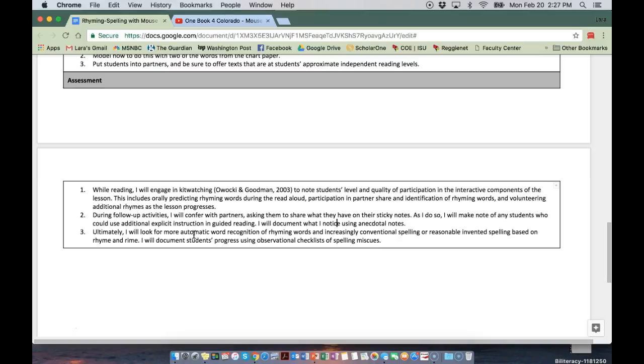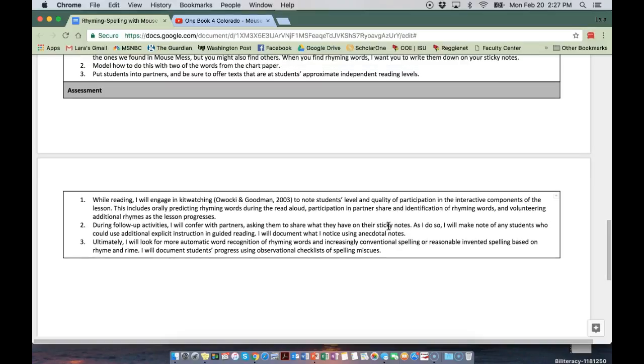And I'll document students' progress using observational checklists of spelling miscues, so I can be analyzing their writing for any patterns with which they are either spelling unconventionally or applying some of these rhymes. So that's what I would do for assessment, both during the instruction as well as in an ongoing fashion.